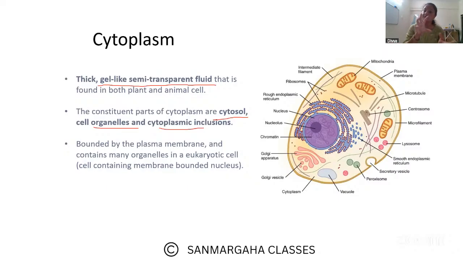It is bounded by the plasma membrane to protect the inner parts of the cell along with the cytoplasm and organelles. It also protects the organelles. So in eukaryotic cells, see here, all the organelles are scattered in the cytoplasm. These are the organelles.